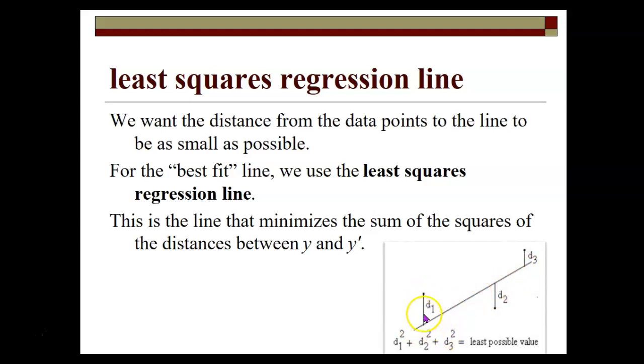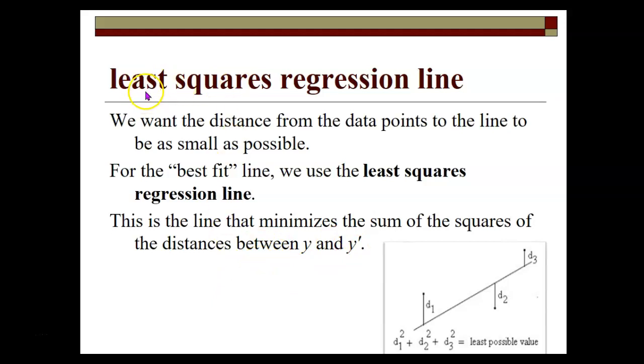So it's how far your actual data point is from a point on the line if you go straight up and down. And then they take all those distances for all of your data points, square each one of them, add up the squares. And they want that sum of the squares to be as small as possible.